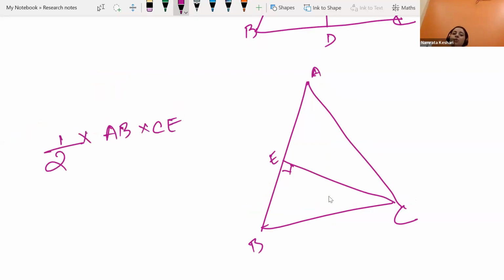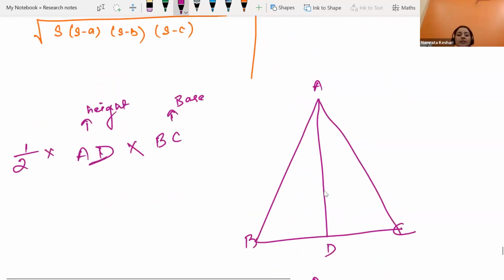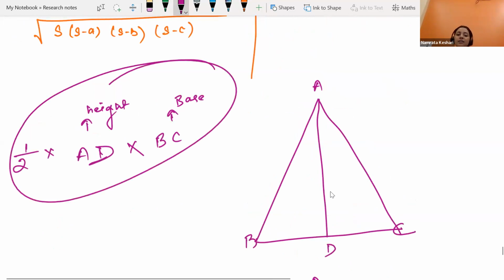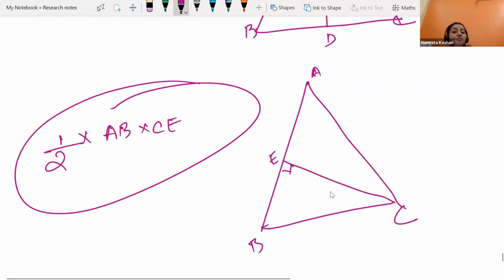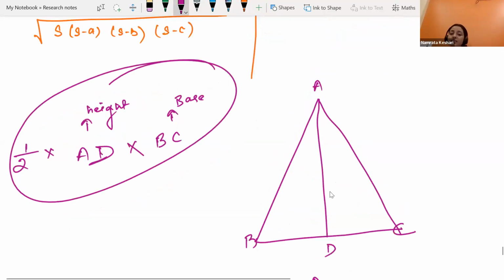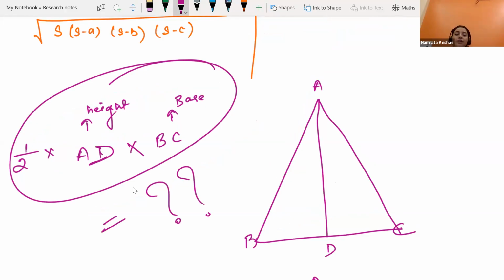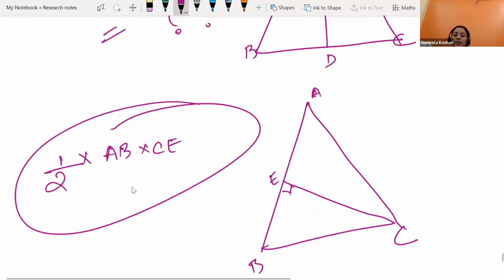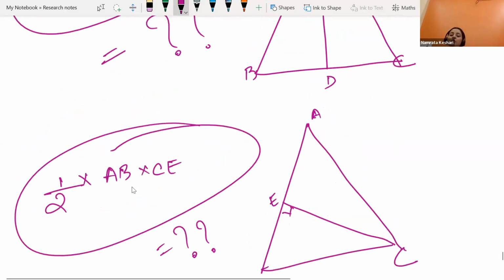Now just keep in mind that this area answer and that area answer will not be different because I have copy pasted the same triangle. Is this much making sense to all of you? The area value from this formula and the area from that formula, both results will be the same because we are talking about the same triangle ABC. Everyone getting it so far?